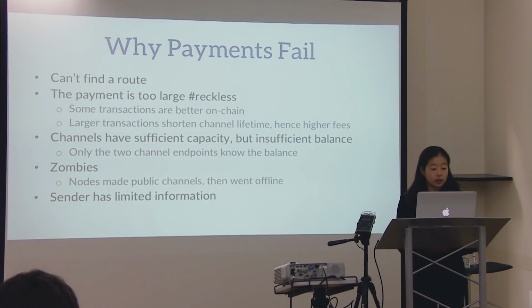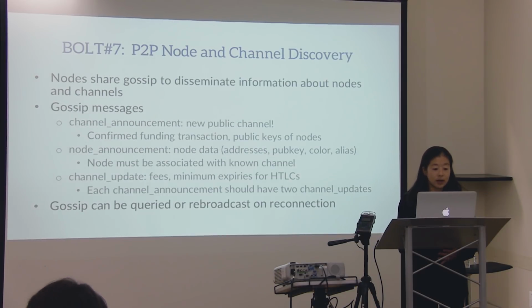And then there's also the problem with zombie nodes. Sometimes, as we saw early on, people make channels, and then one participant in the channel goes offline, and this information isn't relayed correctly. So payments generally fail if the sender does not have enough information.